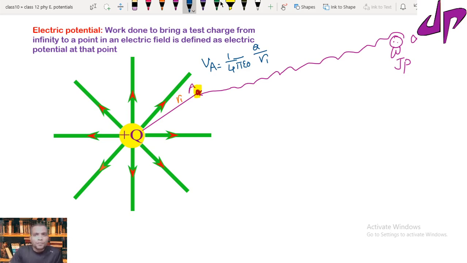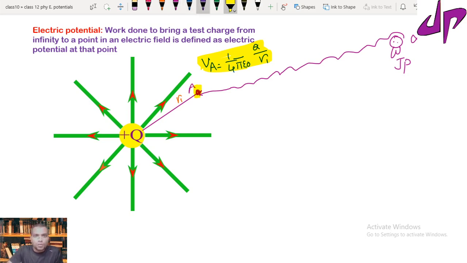Whatever work I did to oppose, since I am bringing a positive charge, the source charge is also doing work. So we express this potential in terms of the source charge. Here there is no test charge, capital Q is the source charge only.